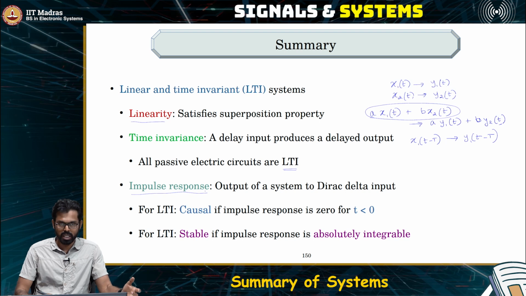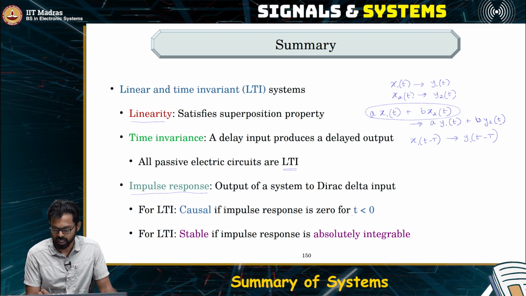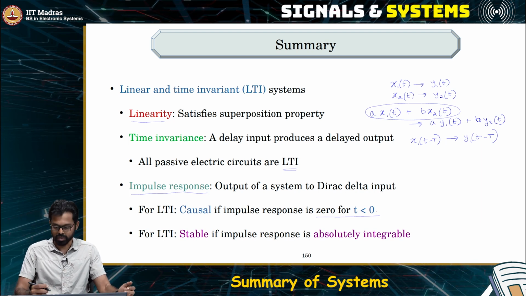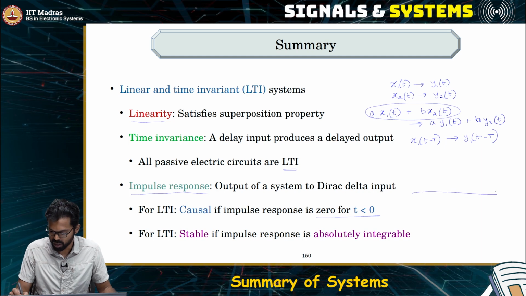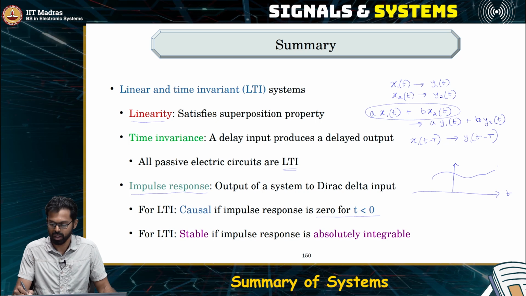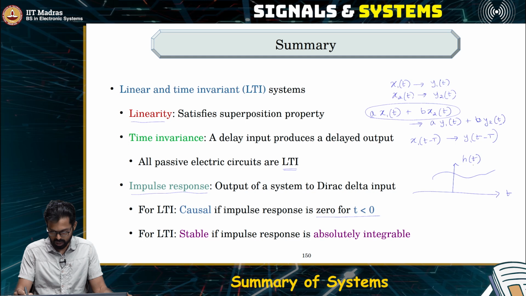For example, if the LTI system's impulse response is given to you, then you can look at it and see if it has non-zero values for negative values of time. Let's say this is the impulse response. Typically, we denote the impulse response with h of t.